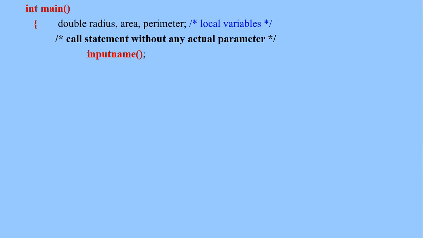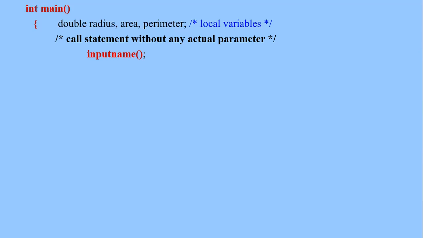So this is a call statement to a void function. That void function was called input name. So this is a call statement to that function.